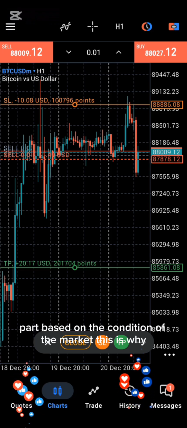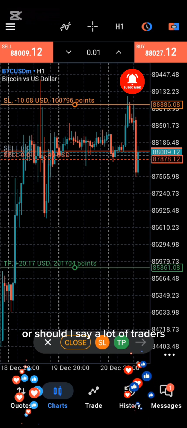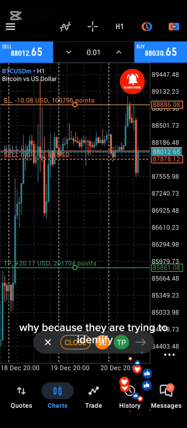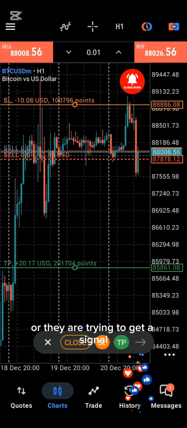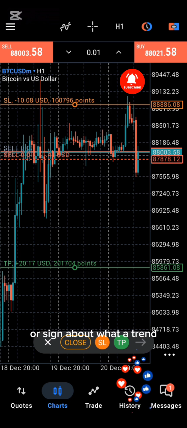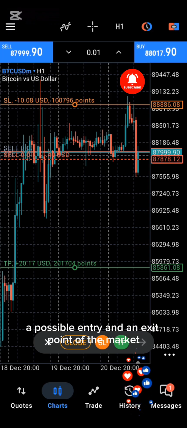This is why you see a lot of traders put all their indicators on the screen. Why? Because they are trying to get a signal or sign about a trend, a movement, and to also know a possible entry and exit point of the market.